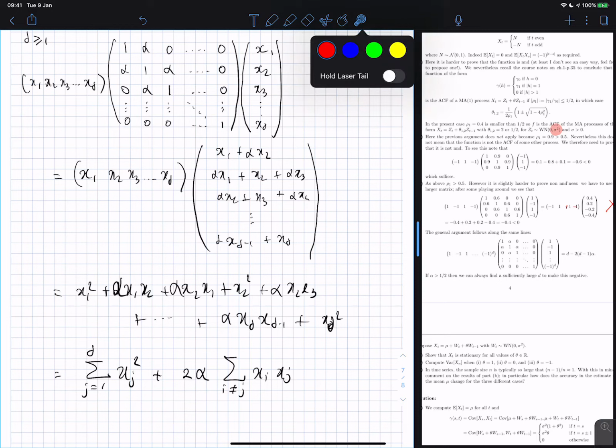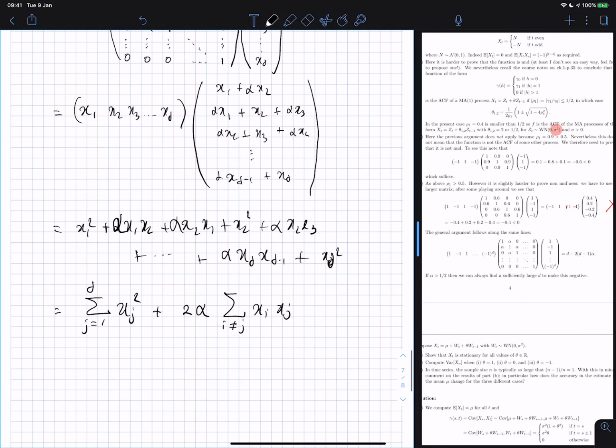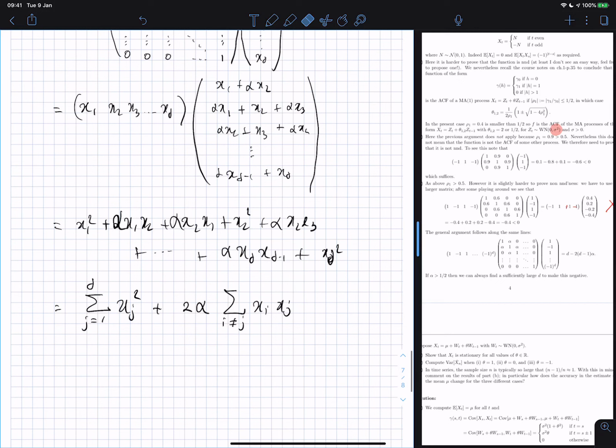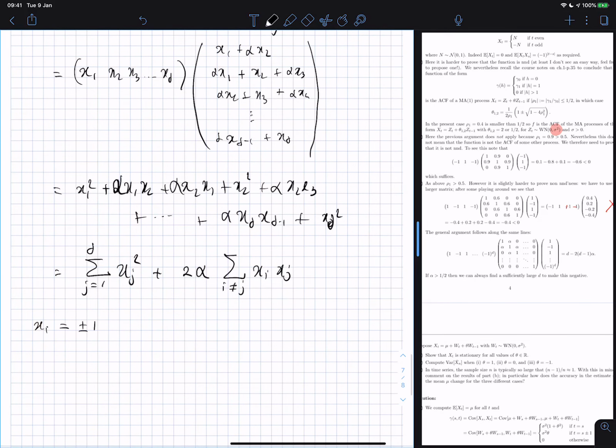And then the game is, in terms of alpha, can I find xi's and xj's which will make this negative? As far as I understand, if I take xi's to be plus or minus 1, then the first term is just d, because it's a sum of plus or minus 1 squared.